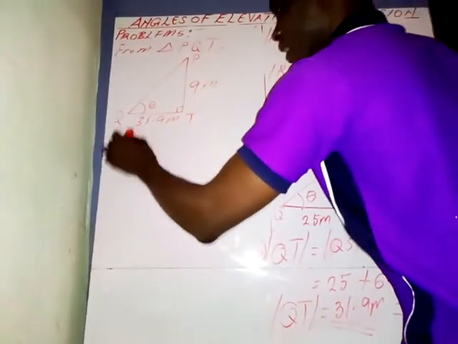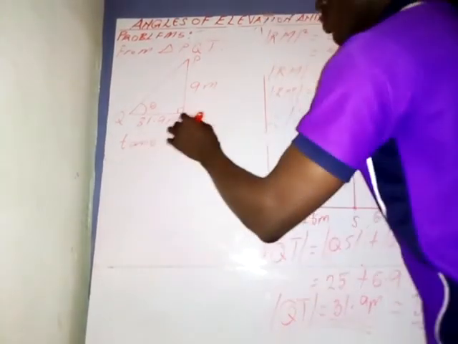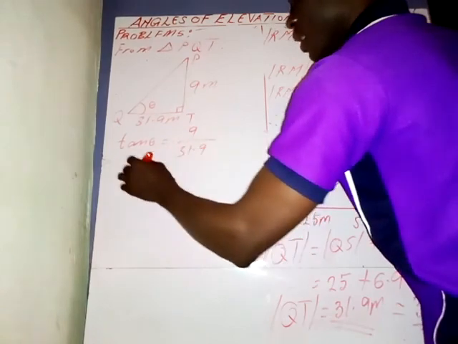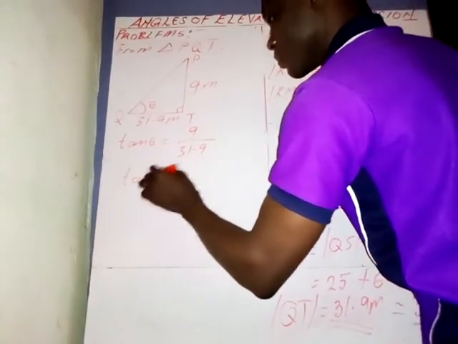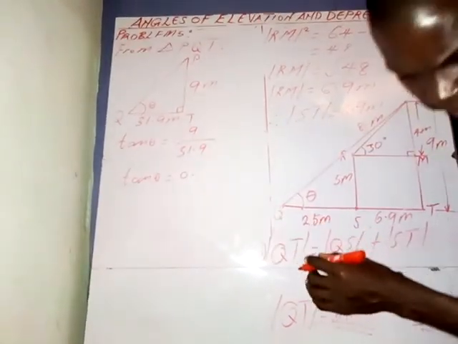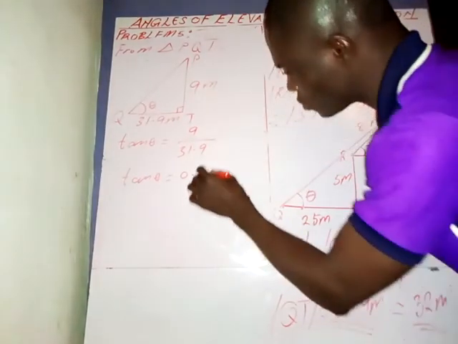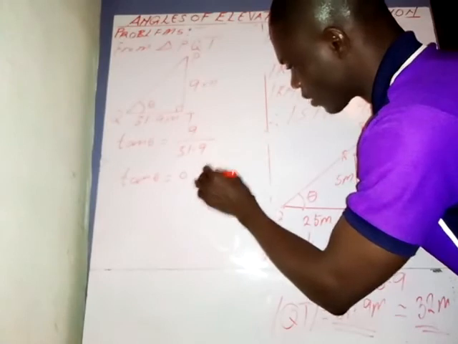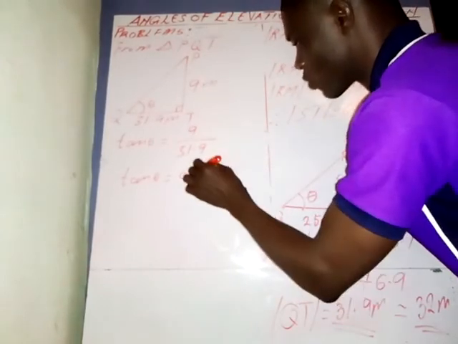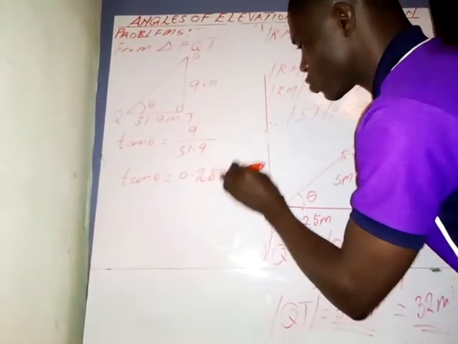All right, so I can make use of tangent, or TOA, to find the value of this angle. So here I have tan theta equal to 9 over 31.9, and this is 0.2821.